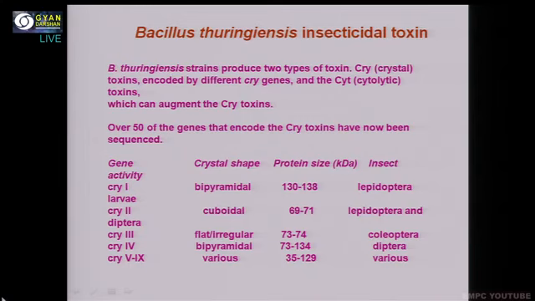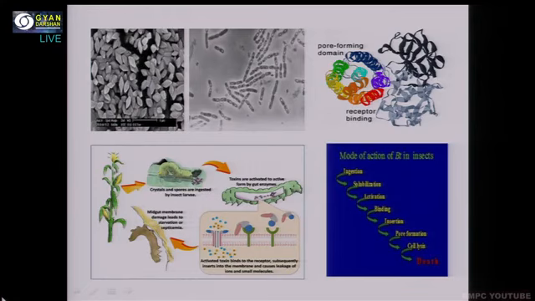Now you can see here that there are different cry genes, cry 1, cry 2, cry 3, cry 4, etc., which we won't discuss in much detail. The thing is that we are interested in the cry gene. Now you can see how this cry gene actually looks. It has a pore forming domain and it has a receptor binding domain. So it is actually a toxin, but mind that it is not a toxin for humans.